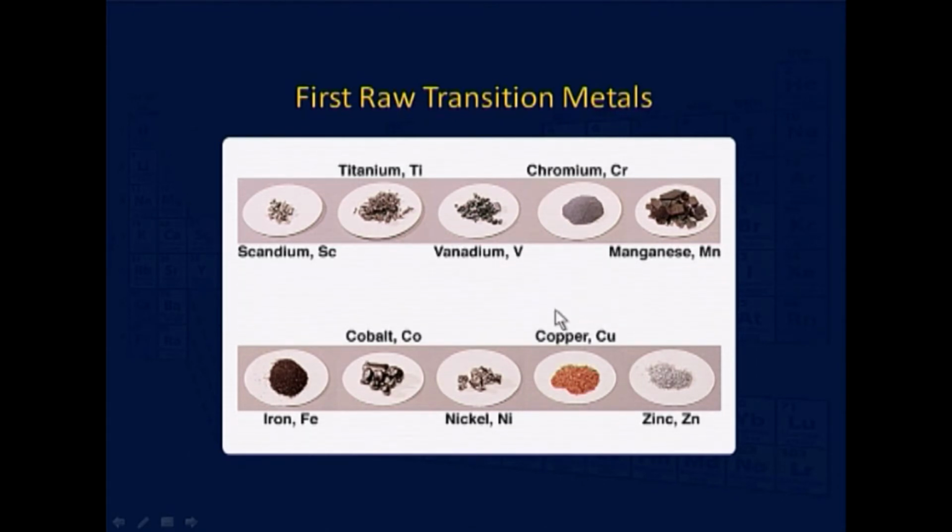So, this figure represents the picture of the first row transition metals in their native states. Now, as I told, the D block elements are all metallic elements, and therefore, sometimes the word transition metals is better used for these elements rather than transition elements.